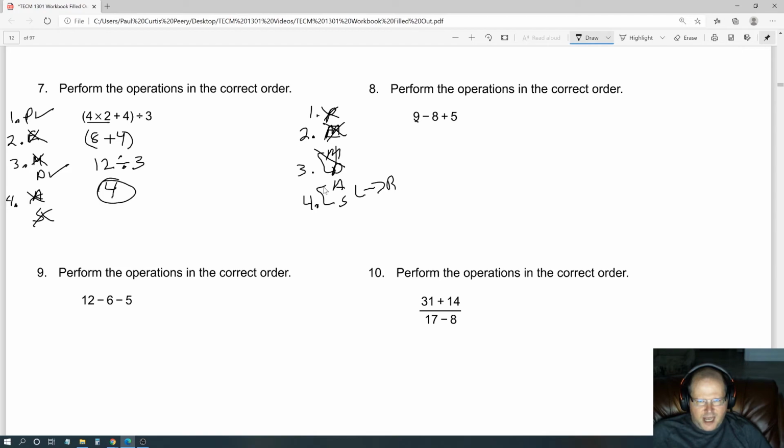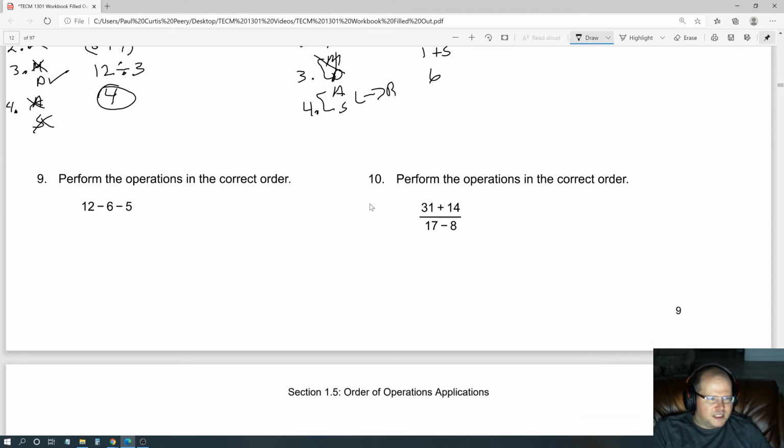So since the subtraction happens first, we do the subtraction first, and then we write the result. So we say 9 minus 8 is 1, and then we just bring everything else down, plus 5. Now we do addition. So I know it says A and then S, but again, we actually do whichever comes first, left to right, same direction as you read English. So then we say 1 plus 5, which is 6. Just like that. Okay, so let's move on to the next one.